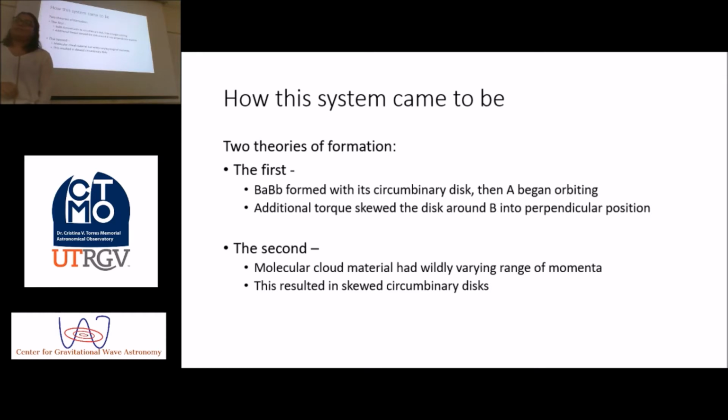Yeah, I'm just trying to understand where this torque is coming from. So the binary system A would come into the system such that it would produce a torque, and the disk would tilt to accommodate that torque and return the system into some sort of stable equilibrium.